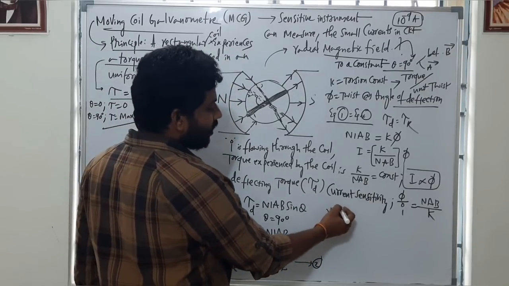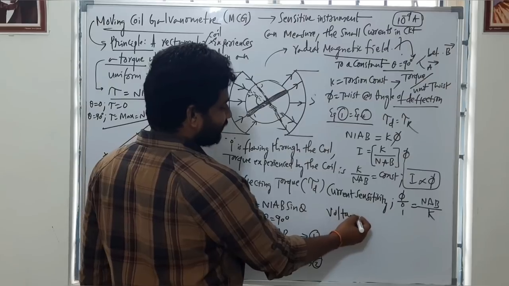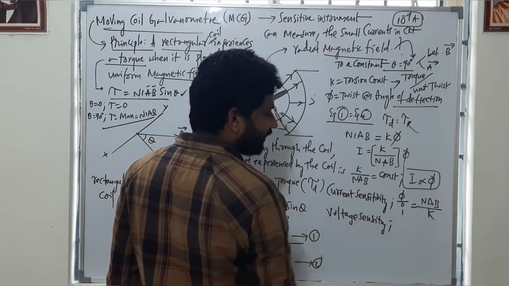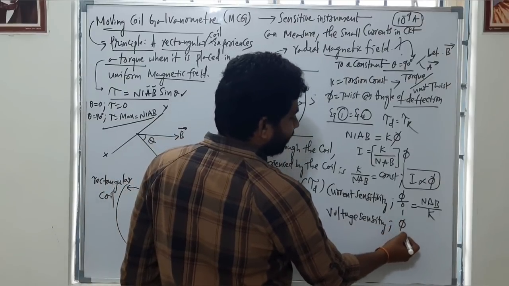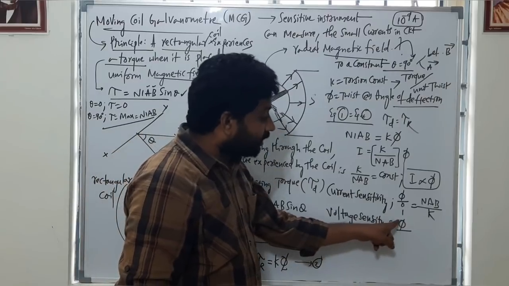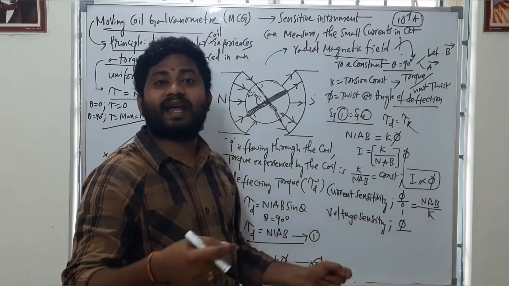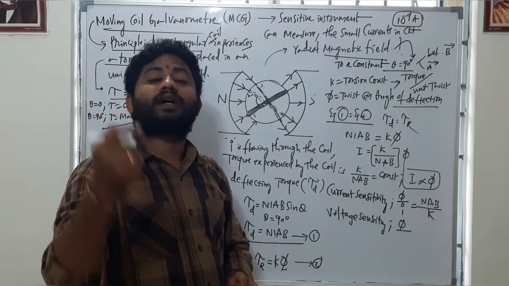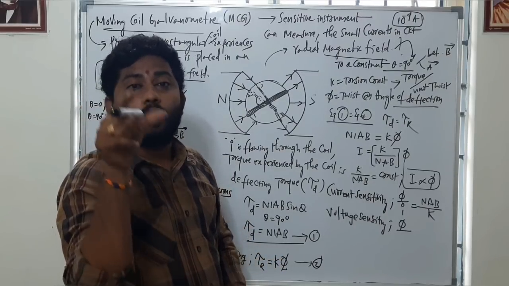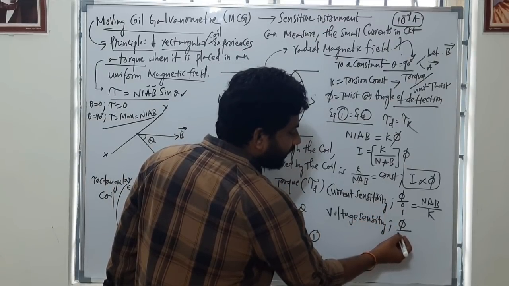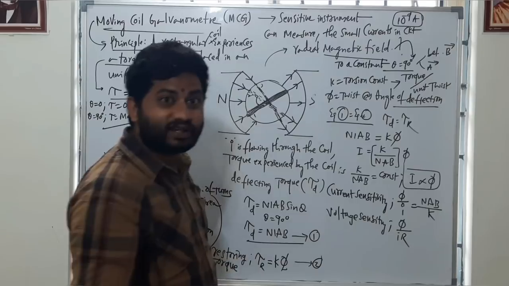And the same way, voltage sensitivity also can be identified. So what is voltage sensitivity here? It is phi by V, the deflection produced by the rectangular coil in a uniform magnetic field per unit voltage. Volt can be written as I into R. Understand? V is equal to IR, right?